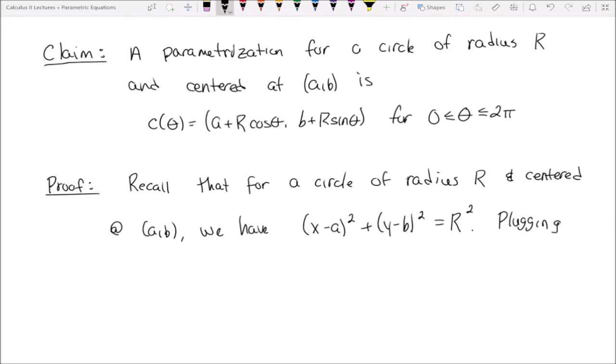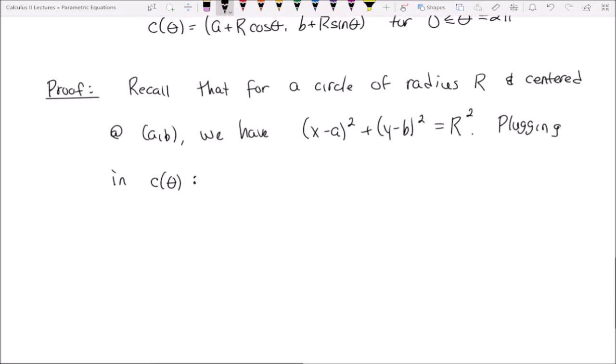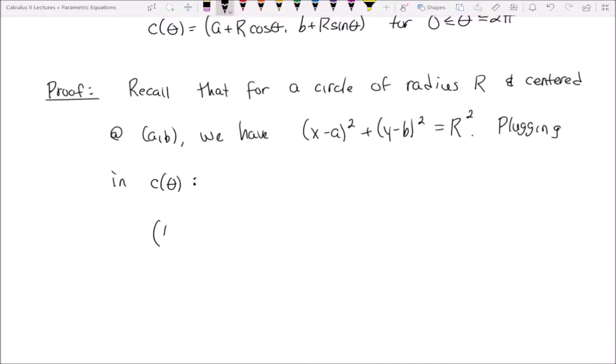If we plug in the C of theta we just found, notice what we get. We'll get a plus r cosine of theta minus a, all squared, plus b plus r sine of theta minus b, squared.